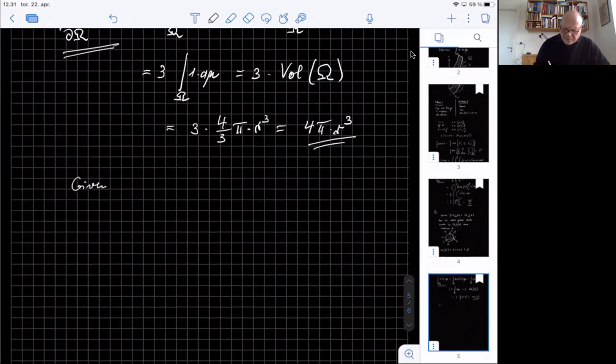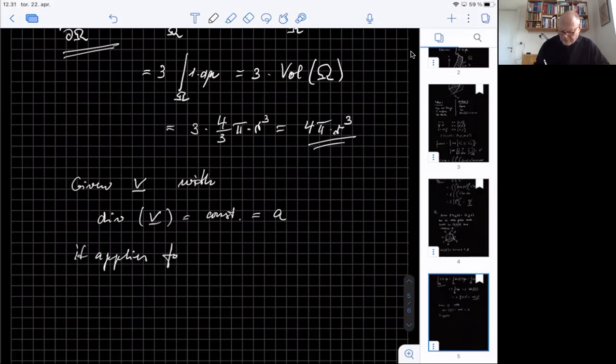So if you're given a vector field with the divergence of the vector field equal to a constant, you can call this constant A, it applies for every omega that the flux through the surface of omega is equal to A times the volume of omega.